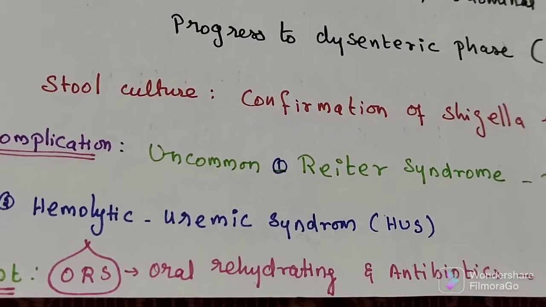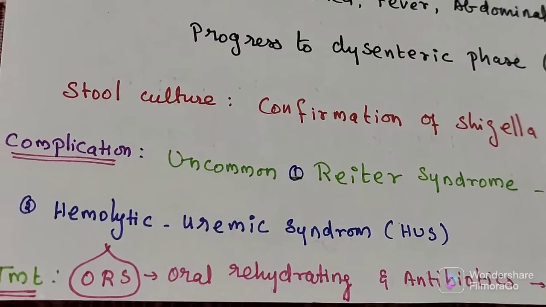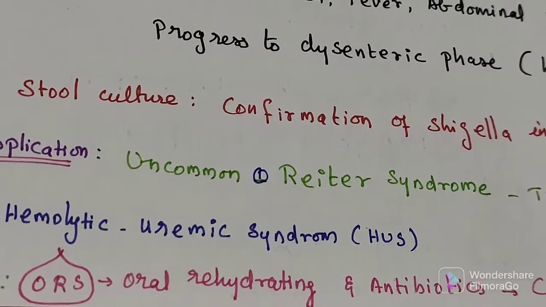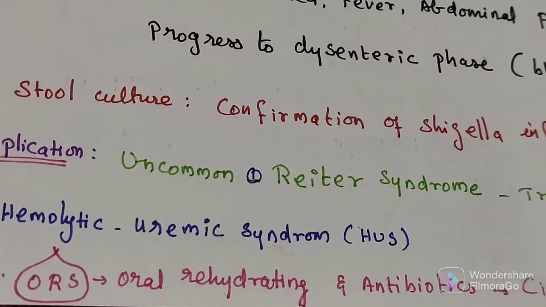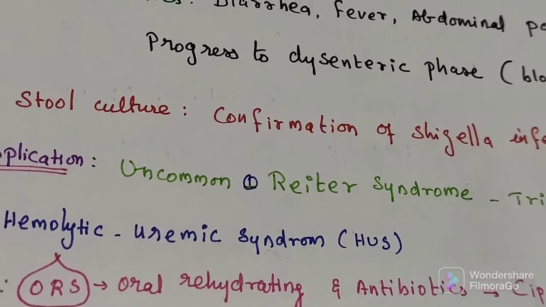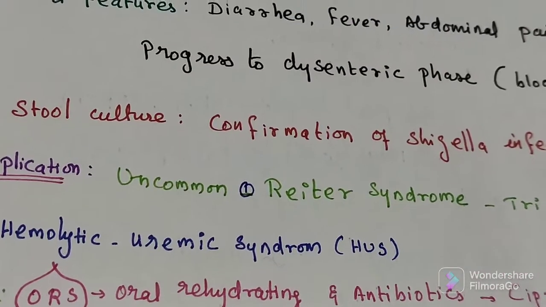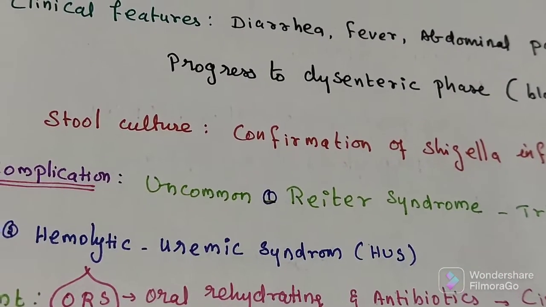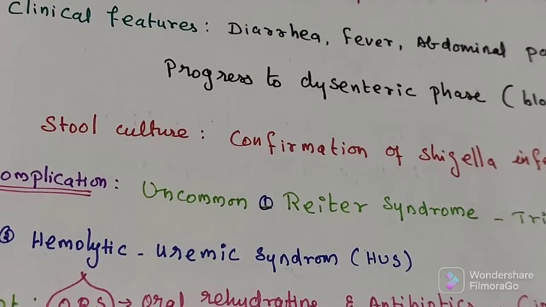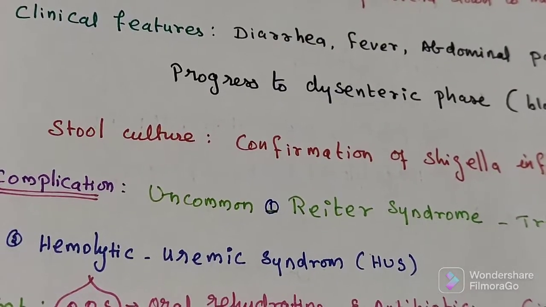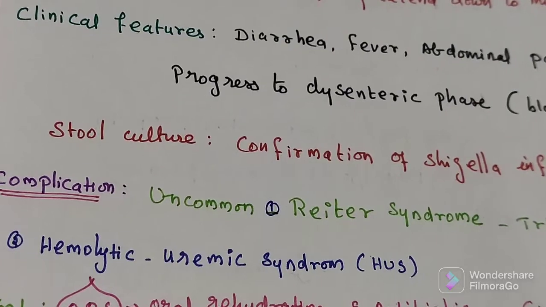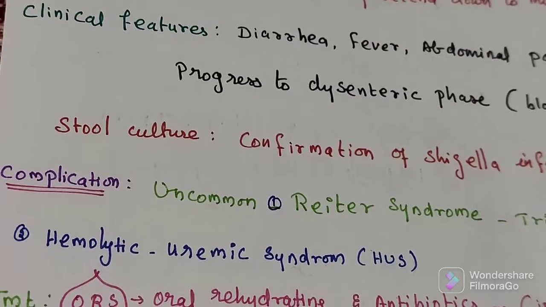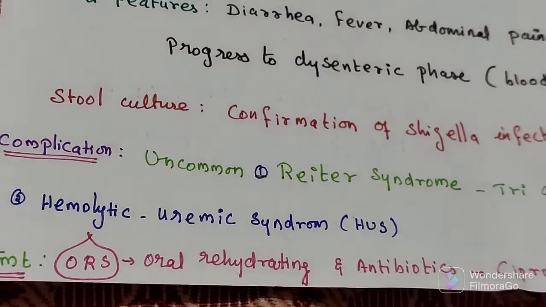Second, hemolytic uremic syndrome. This occurs due to the toxin secreted by the Shigella organism. The two major complications are Reiter syndrome and hemolytic uremic syndrome, but these are uncommon.